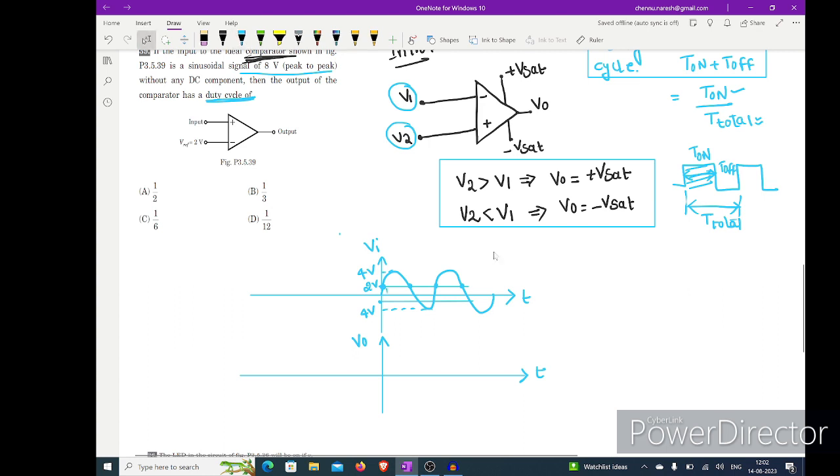I am not able to draw correctly, the plus space is very less. When the input is less than that, it will come to minus Vsat. And this cycle will repeat again. Whenever it is again greater than 2 volts, it will go to plus Vsat, and it will be like this.